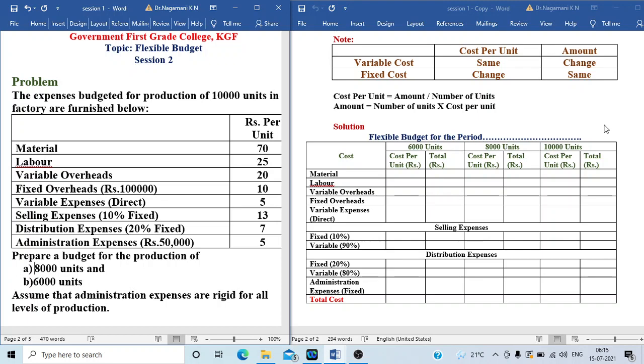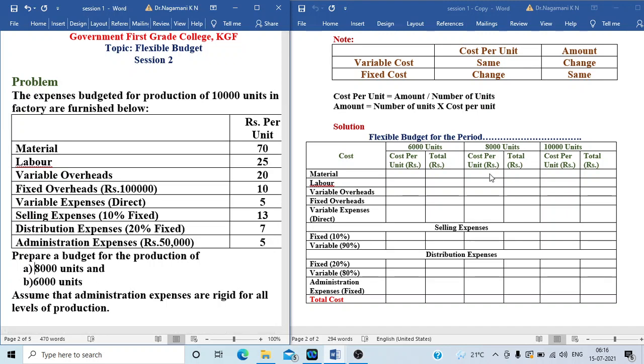Now we are going to prepare the flexible budget for the period. Here the period information, the month, year has not given, so I have put blank. Next, we need to draw the columns. The base is given for 10,000 units and we have to prepare for 8,000 as well as for 6,000.